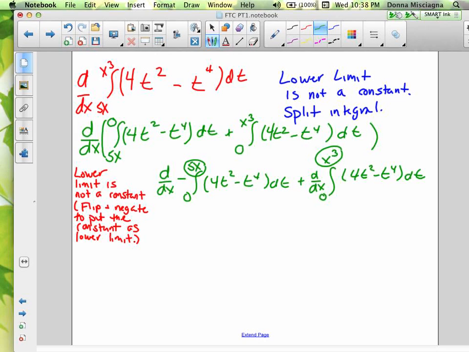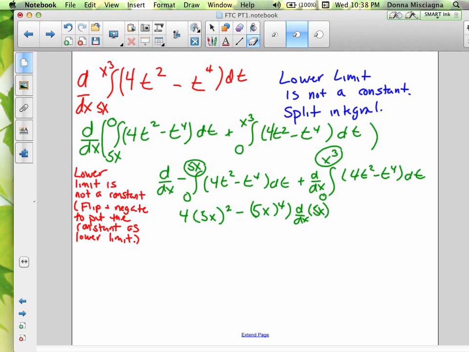So this is going to be negative, 4 times (5x) squared minus (5x) to the 4th power, all times the derivative of 5x. Oh, you know what? I have a negative issue. That's all in parentheses, the negative's on the outside.